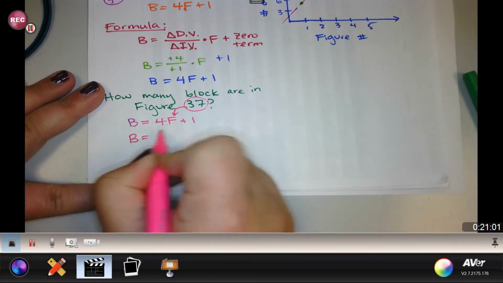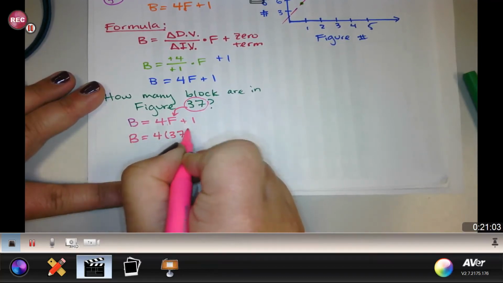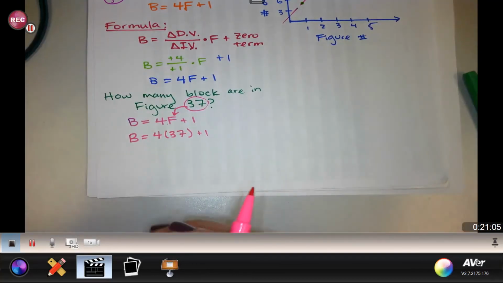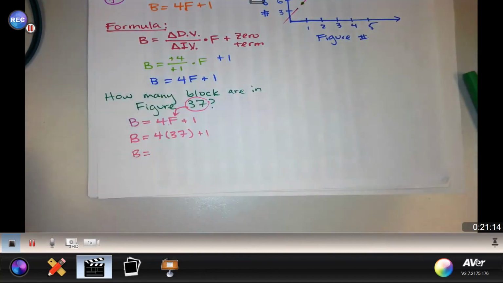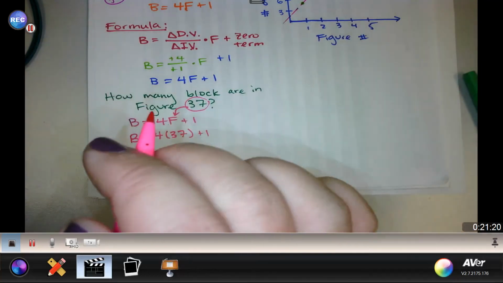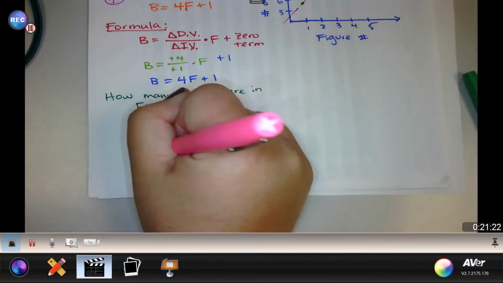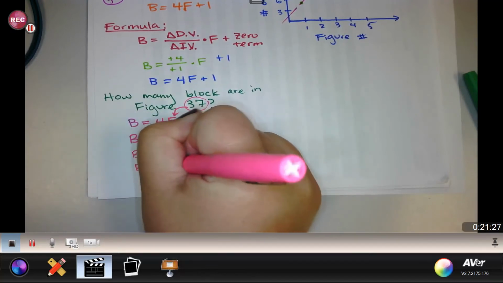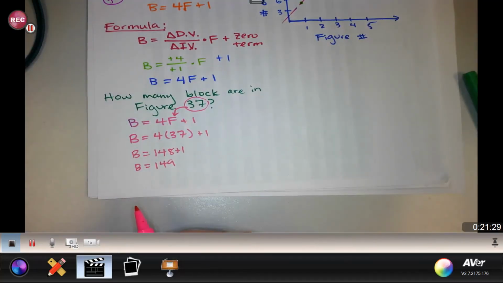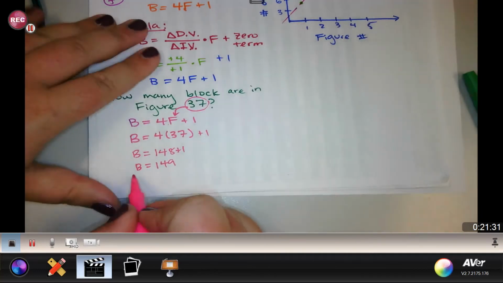So now I have B equals 4 times 37 plus 1. Okay, so then what you want to do is actually calculate this using order of operations. So you do 4 times 37, and we get 148 plus 1, B equals 149. So that means that you have 149 blocks.